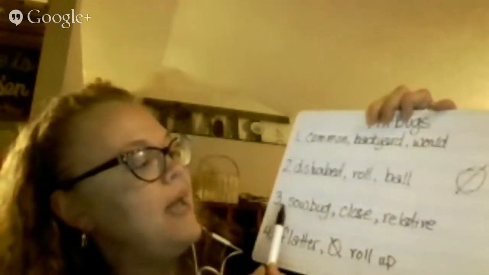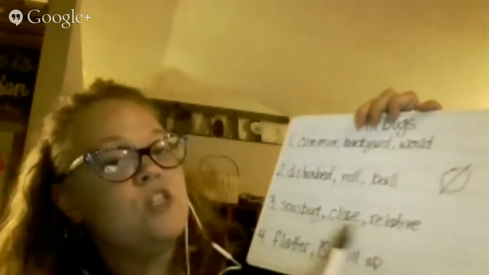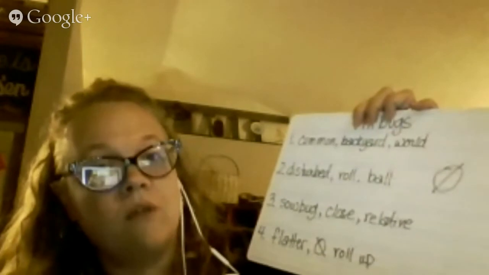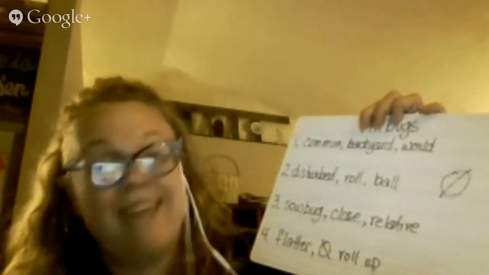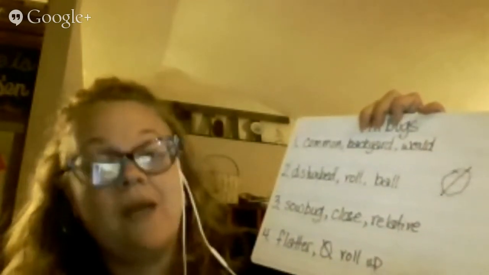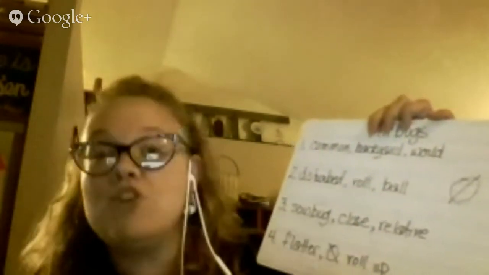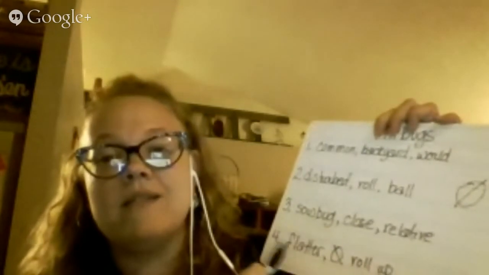So I would say the sow bug, which is a close relative, is flatter and cannot roll up into a ball. And there you have it. We just added a dress up, made our writing a little more interesting, and combined 2 kind of short sentences that seemed slightly redundant. Okay.